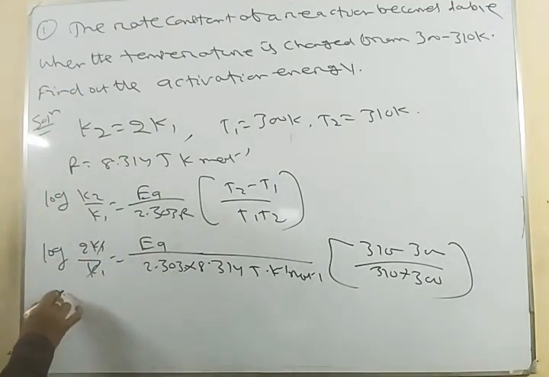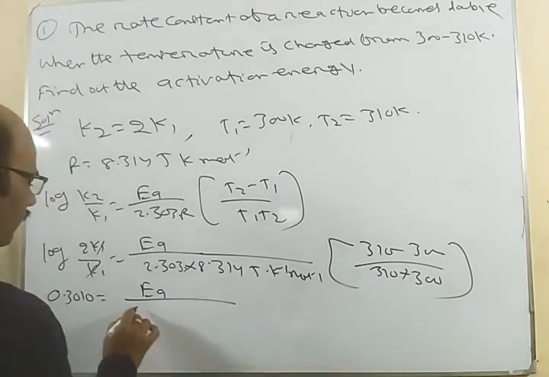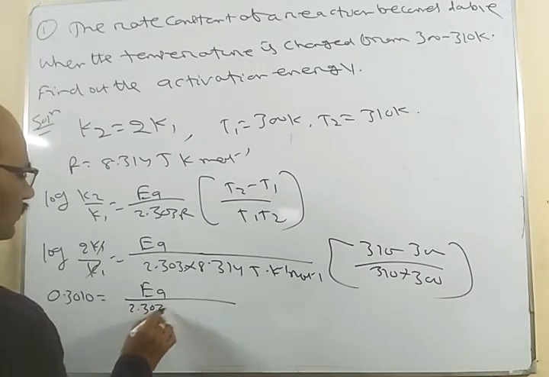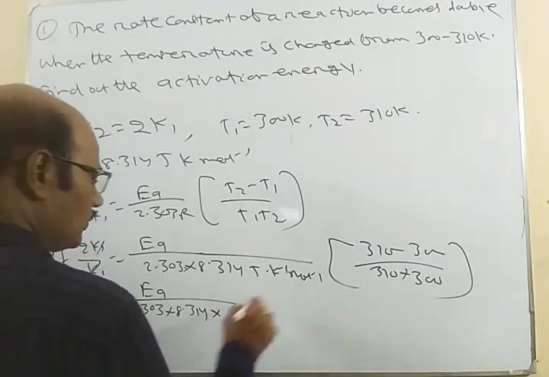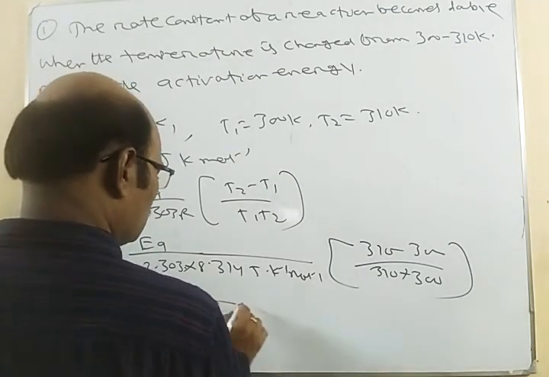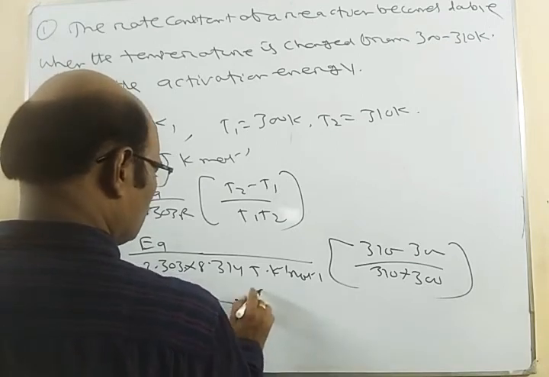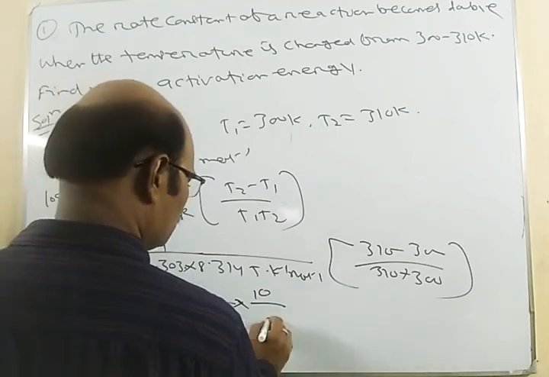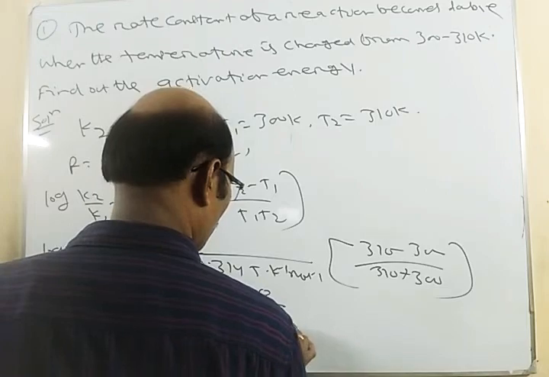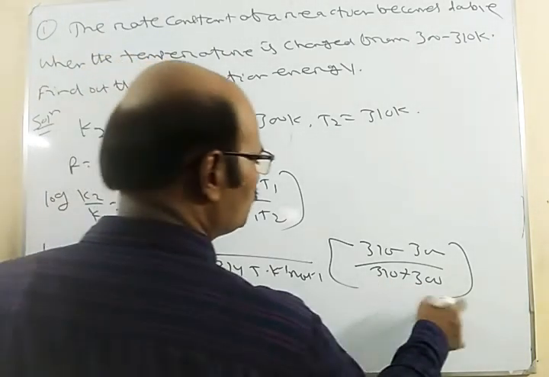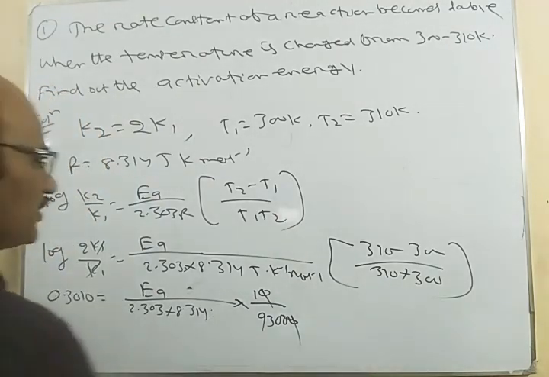So here we get log 2, which is 0.3010, equal to Ea by 2.303 into 8.314 into 10 by 93000. The zeros you can cancel out. So what will we get?